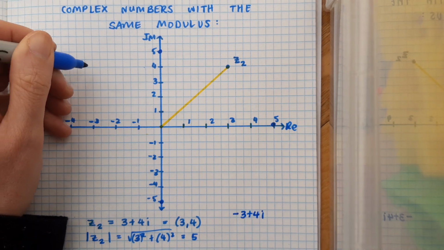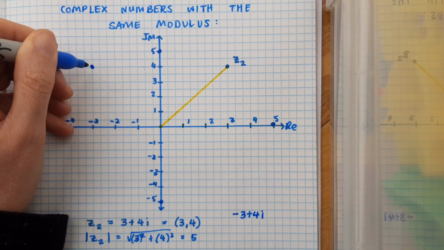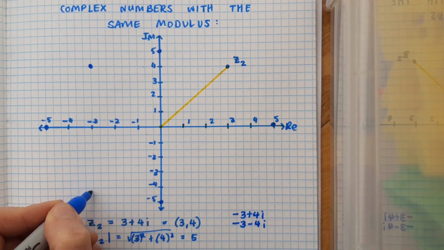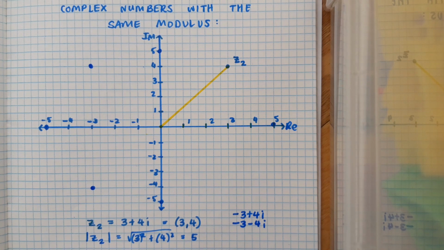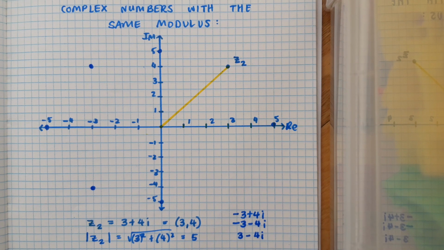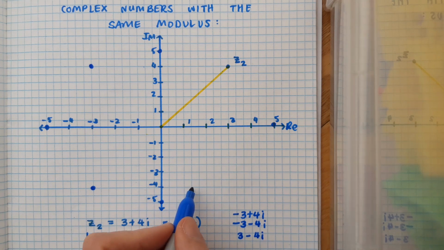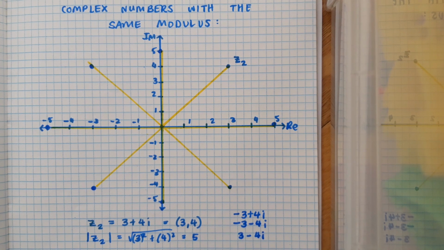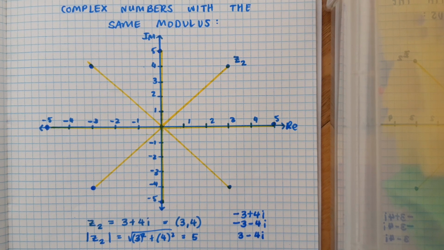And minus 3 plus 4i is here. I could have minus 3 minus 4i, and that would be located here. And I could have 3 minus 4i, which you might recognise as the conjugate of Z2, and that is located here. And all of these have the same modulus. The modulus of all of these is 5. They're all a distance of 5 from the origin.